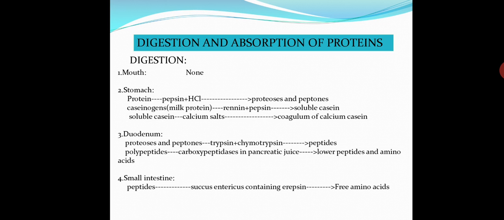These nucleotides and nucleosides, in presence of nucleases and nucleotidases in the small intestine, get converted to pentoses, purines and pyrimidines. So this is about the digestion of proteins in the gut.